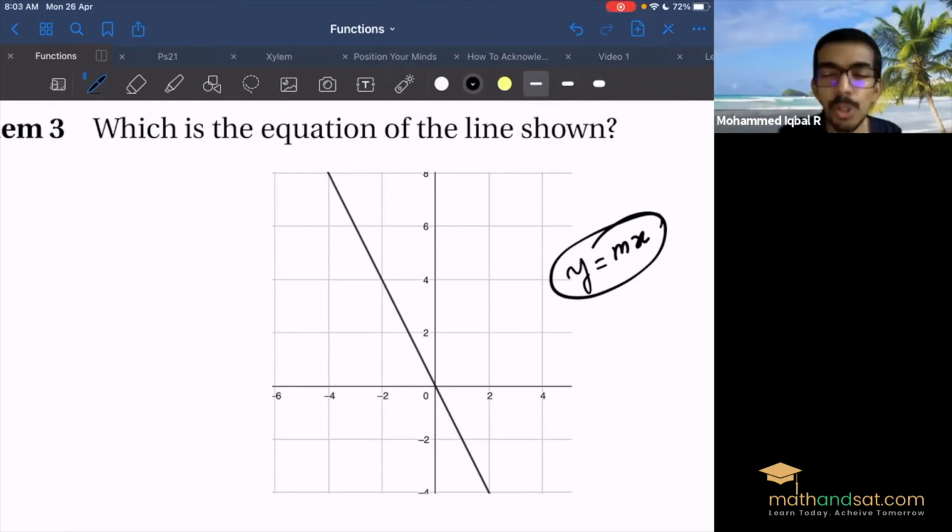It passes through the origin. So this corresponds to a direct variation. If you choose not to buy chocolates, you don't have to pay. As simple as that. So this is of the form y is equal to mx, c value 0.